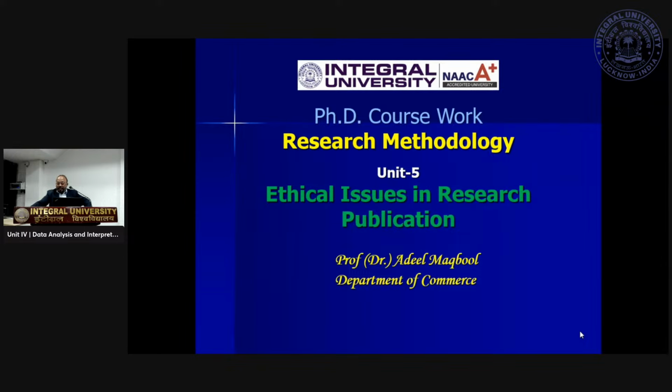And the key points under this are: it guides human behavior, and it is based on values like honesty, fairness, respect, and responsibility. These are the four important parts. It helps prevent harm and promotes good things. And it is important in personal life, professional life, as well as in research.